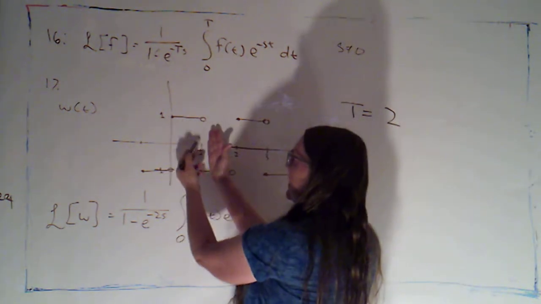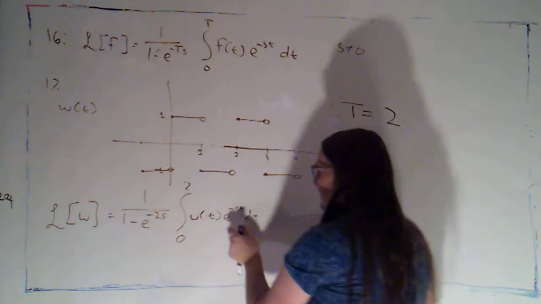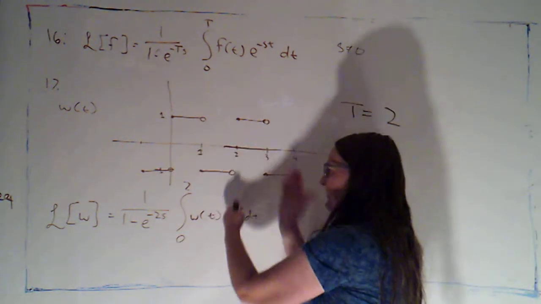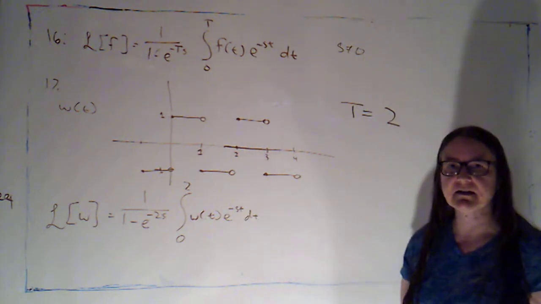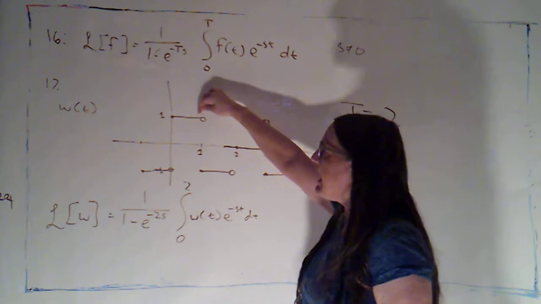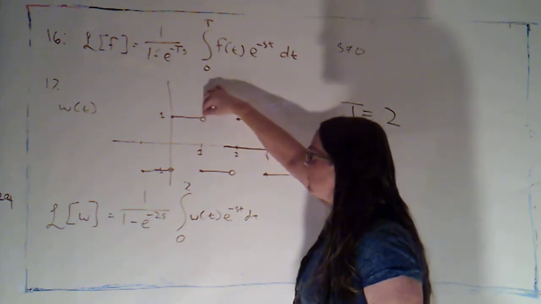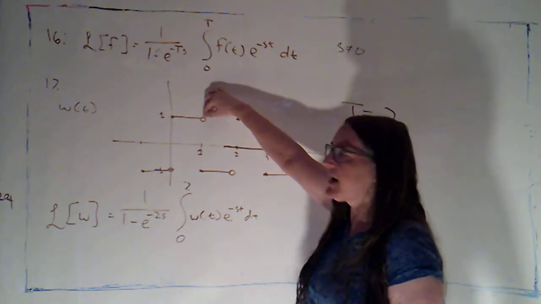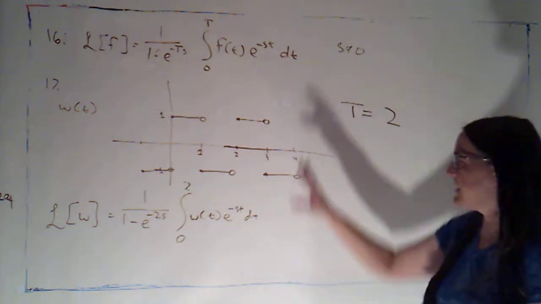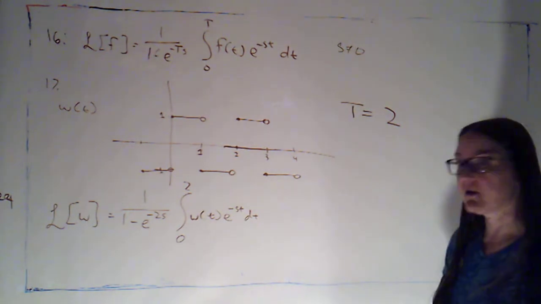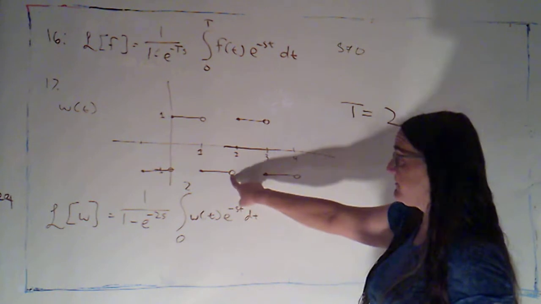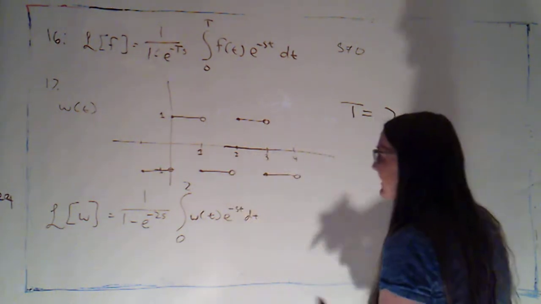From 0 to 1, I'm going to be integrating 1 times e to the negative st, and from 1 to 2, I'll be integrating negative 1 times e to the negative st. And when I have a situation like this where there's a hole at the end, integrating the function 1 from 0 to 1 is still correct. Basically, I'd be taking the limit as we approach 1 because my function is not continuous there. But I get the same thing as if it were defined and equal to 1 there, and as this were defined and equal to negative 1 here.